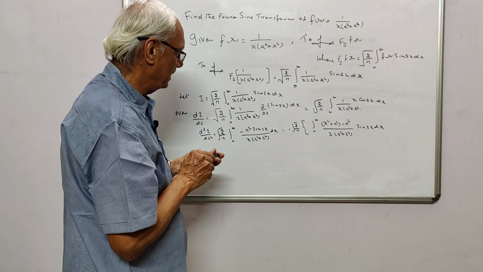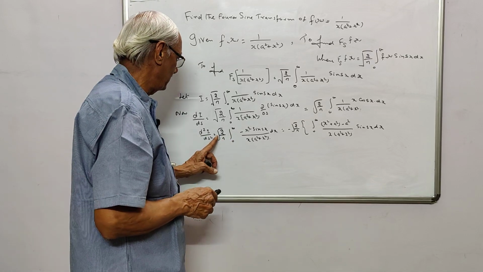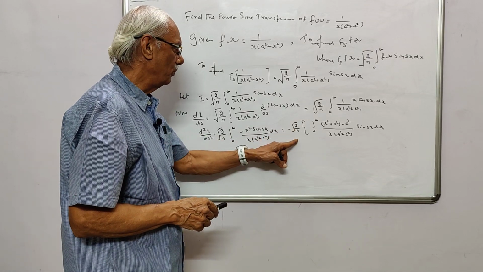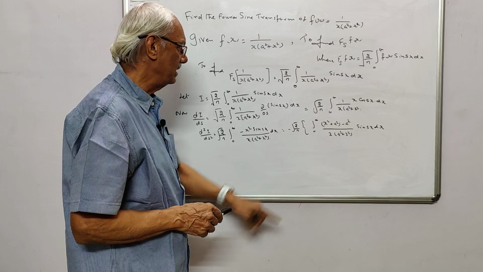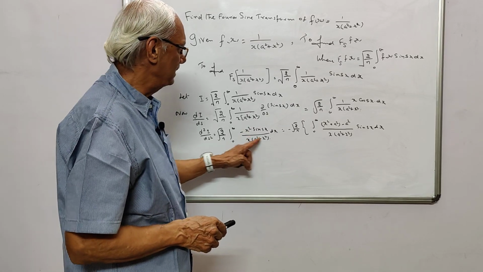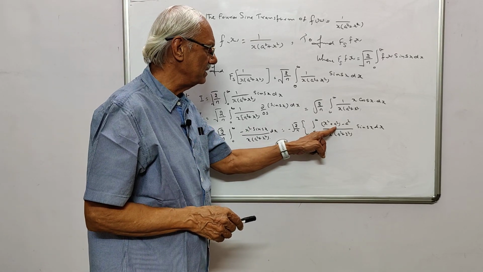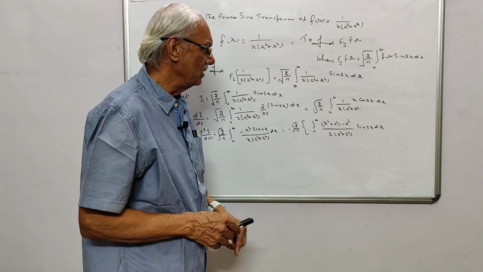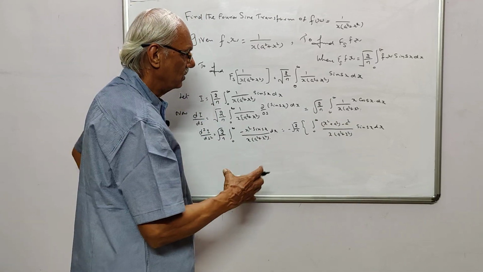So what I do here is I pull out this minus sign outside. So 2 by pi, inside that integral you have x squared, I add x squared plus a squared and subtract a squared. So this is what I get here.